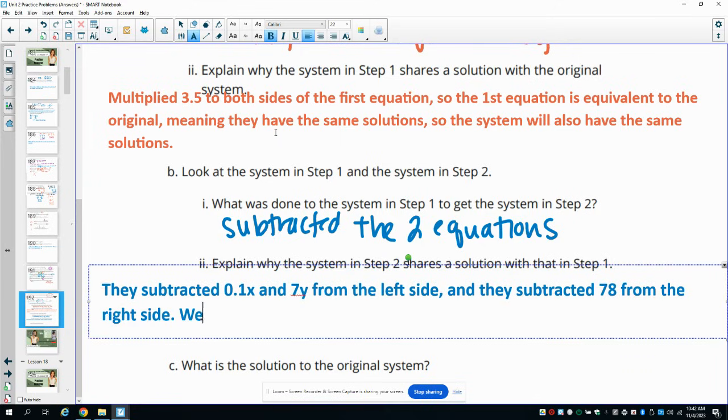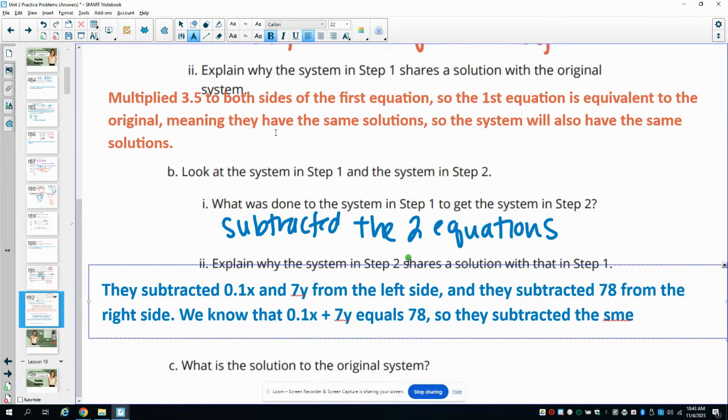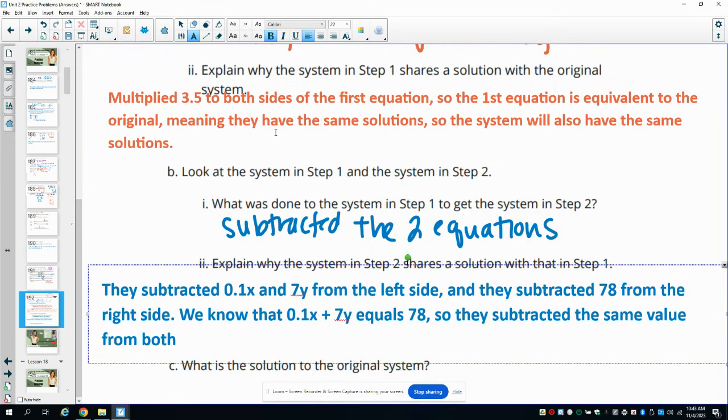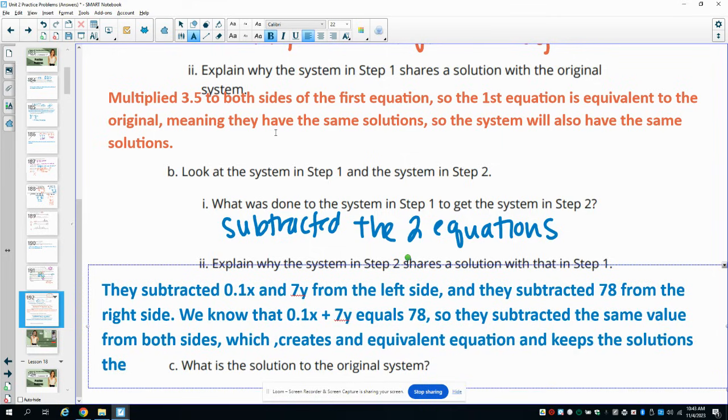And why can they do that is because we know that 0.1x plus 7y equals 78. So they subtracted the same value from both sides, which creates an equivalent equation and keeps the solutions the same.